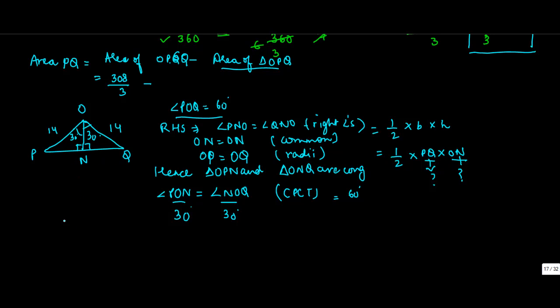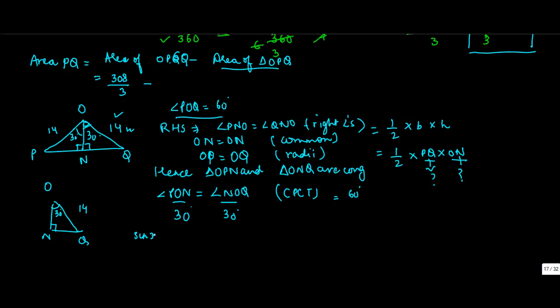Now, vis-a-vis this angle, you know this side, which is the hypotenuse. So in triangle ONQ, this is 14 centimeter, this is 30 degree. Now the relationship between the side opposite to angle O and the hypotenuse is sine.